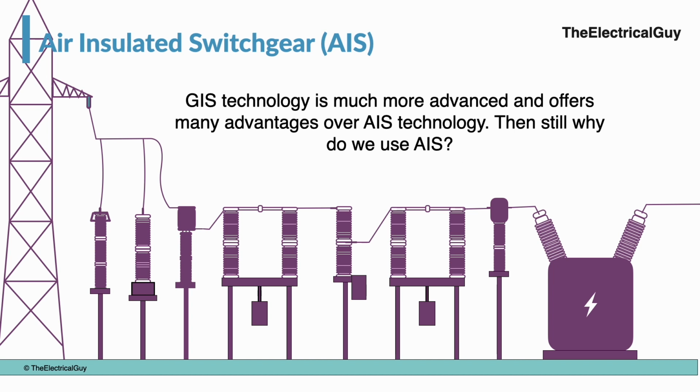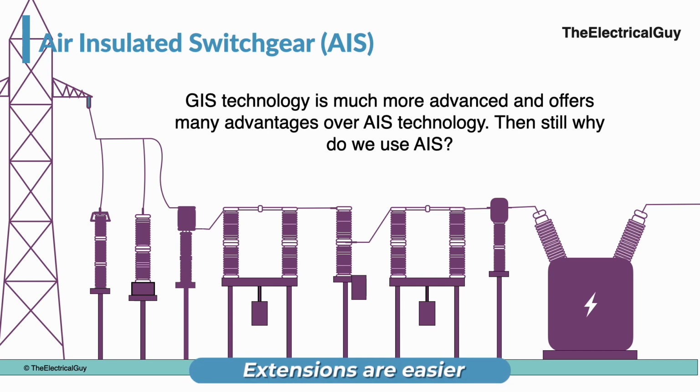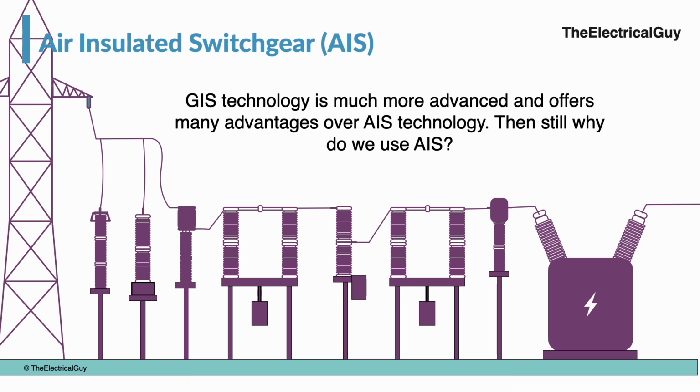So if land is available and the land rates are not very high, then AIS is the most correct option. And that's the reason why the majority of substations are with AIS technology. Also, extension of a substation where AIS is used is much easier than with the other technologies. But if land is the challenge, then GIS would be the right choice in such situations.